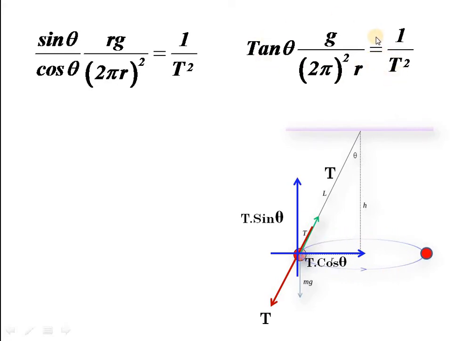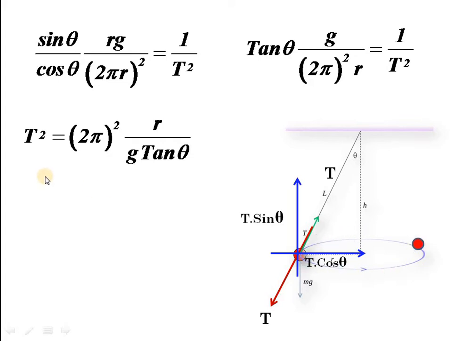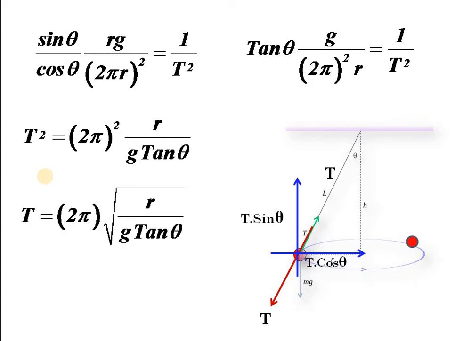So we get here the period of revolution of the bob. We have T square equals (2 pi) all square r by g tan theta. Taking the square root, you get a very compact, beautiful equation for finding the period of oscillation of the bob in the conical pendulum.